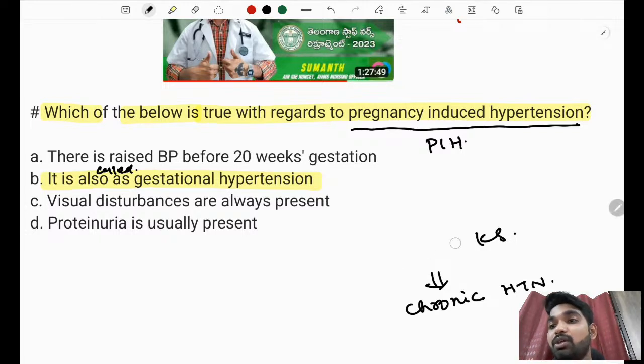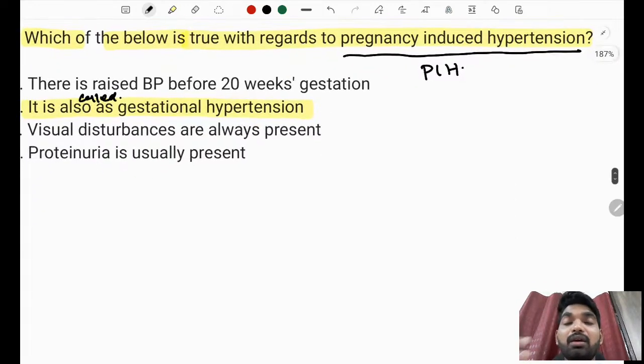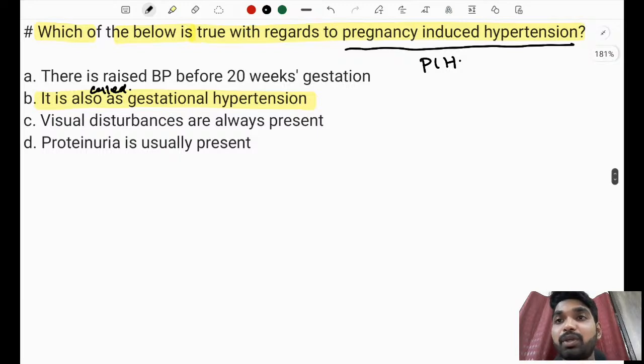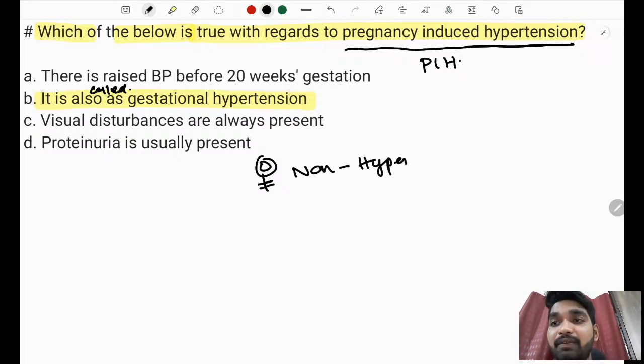Okay, right? So I'll give you a case and let me explain all these terms along with a case. Now, let's suppose there is a woman. I am giving you the case and you have to diagnose that. There is a pregnant woman who is non-hypertensive, completely normal, no hypertension at all.